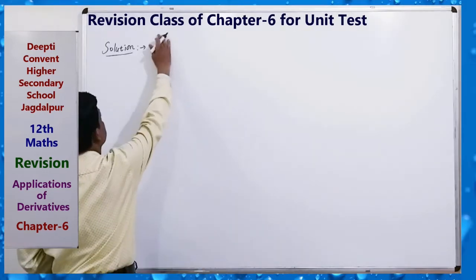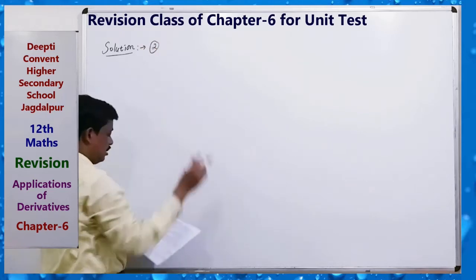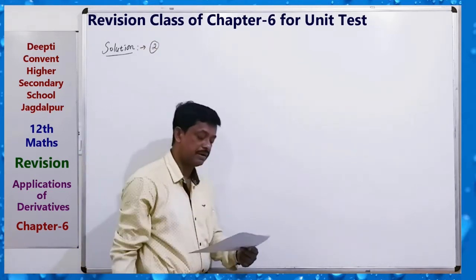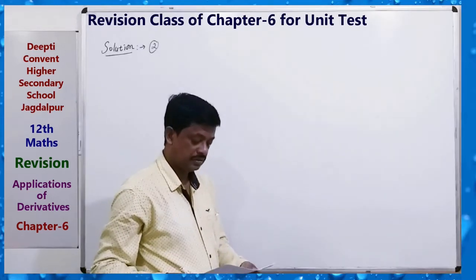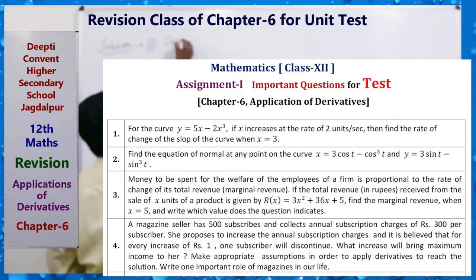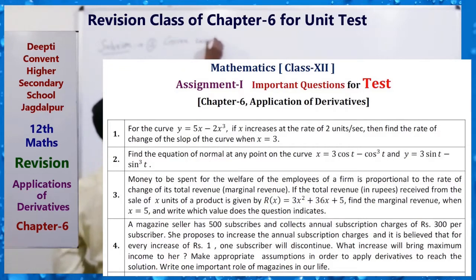Next, the normal at any point on the curve. Second question: the given curve is given in parametric form. This is a revision class, so we have to write in short.